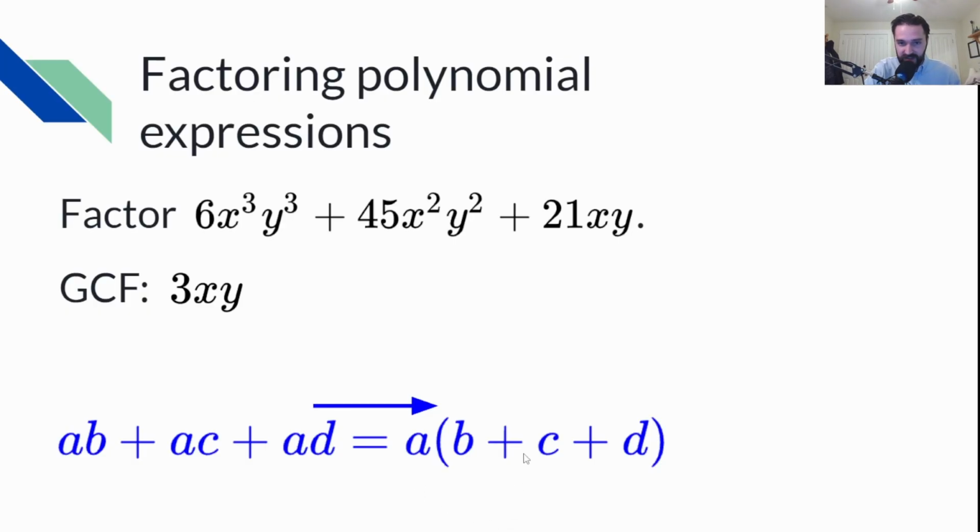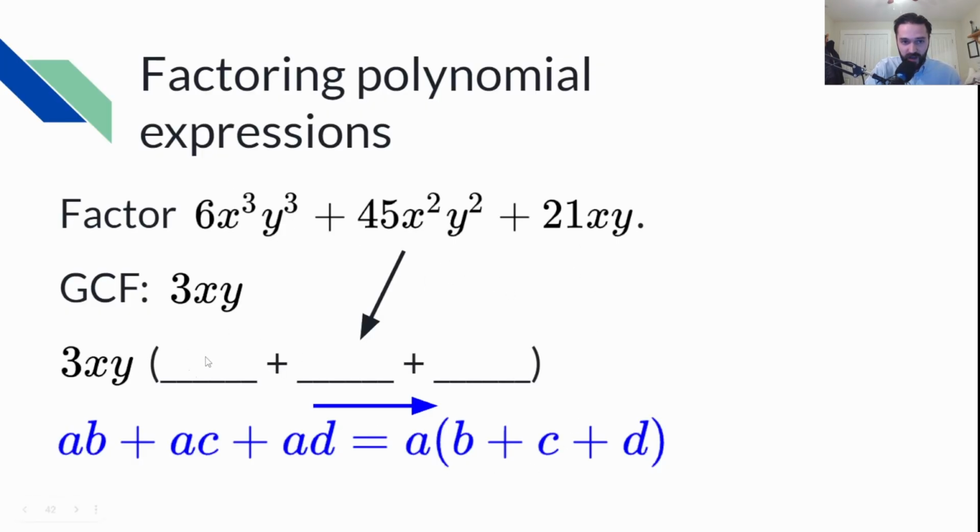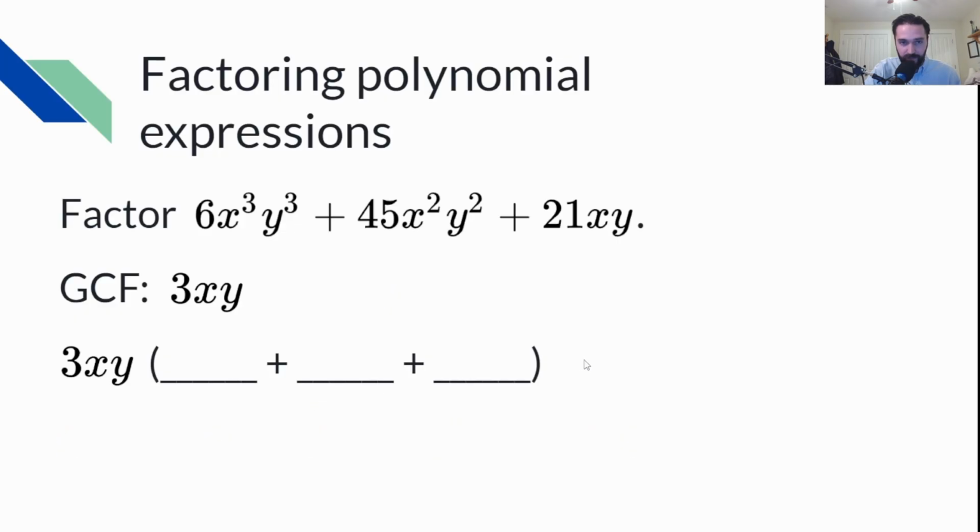That's exactly what I want to do in black up here. I want to take these three terms and write it as a product, 3xy times something. So we just need to figure out what goes in each blank here. First, ask yourself, 3xy times what equals 6x cubed y cubed?